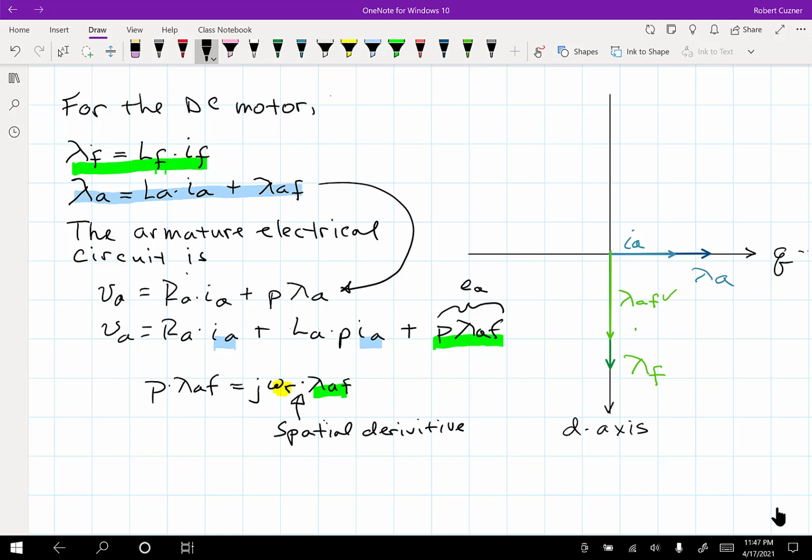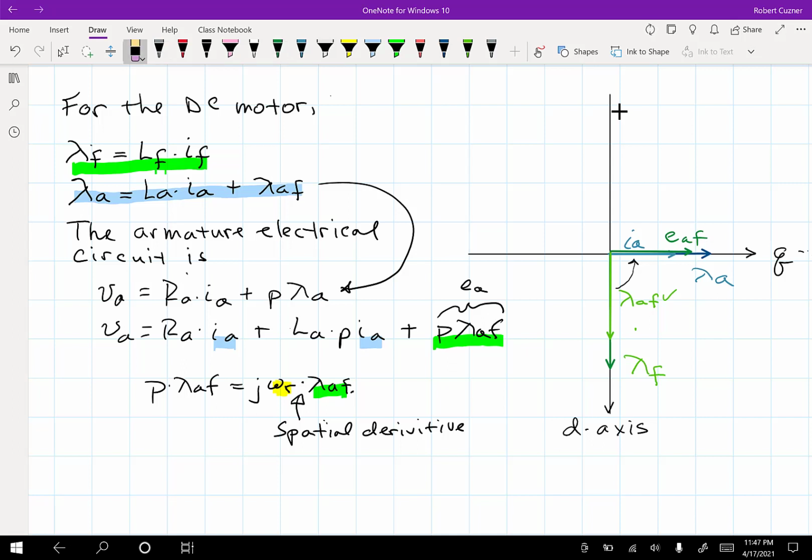Let's go ahead and write that, and it's now been shifted. We've taken this flux linkage and shifted it 90 degrees to the left, and it places it right on the q-axis. And so there we have EAF right there.